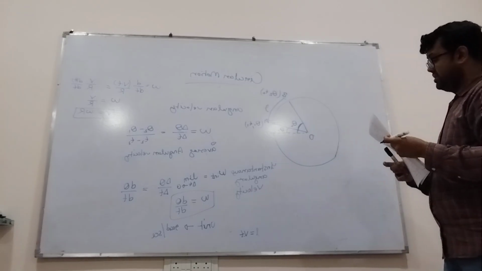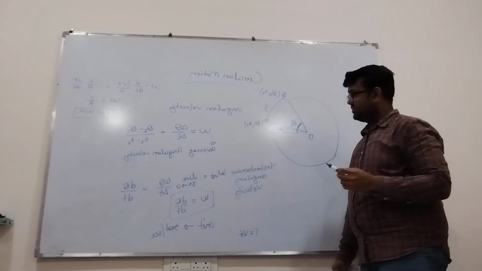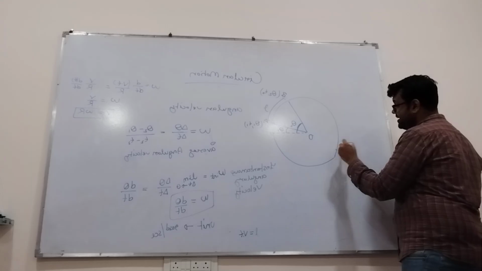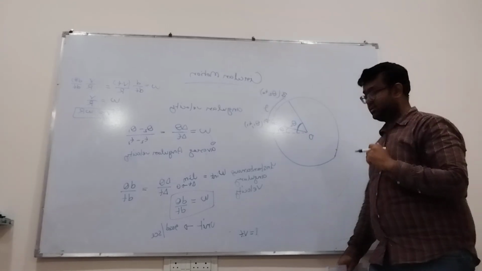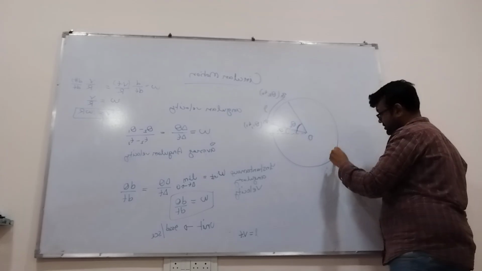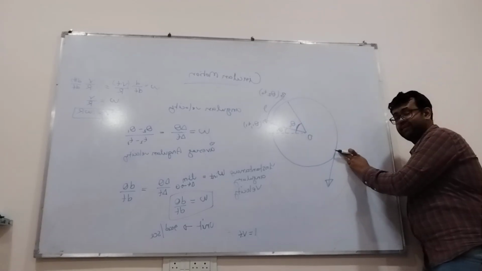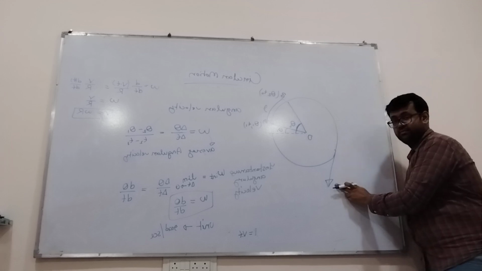See here, when the object is moving, suppose this is the point. At this point, what will be the direction of the motion of the particle? At that instant, this particle is moving in that direction.